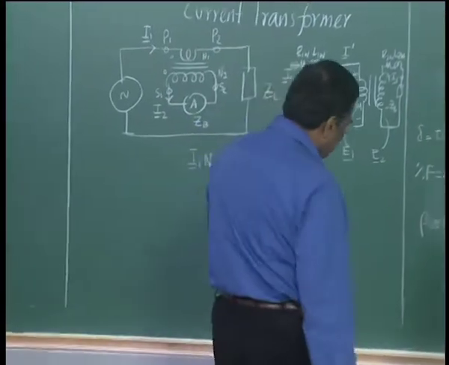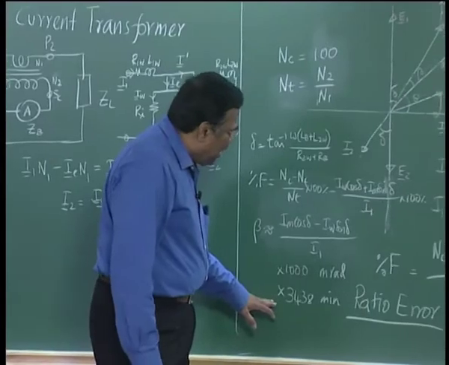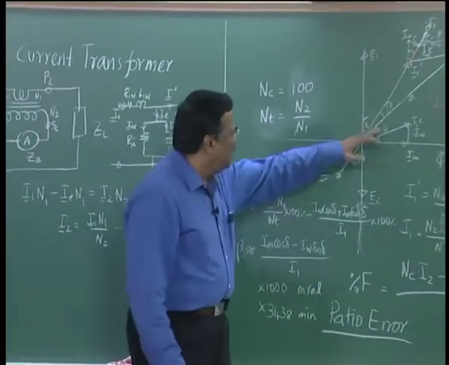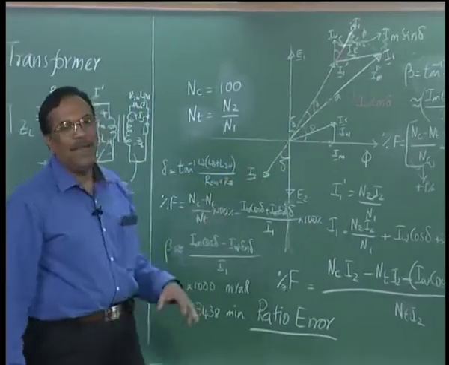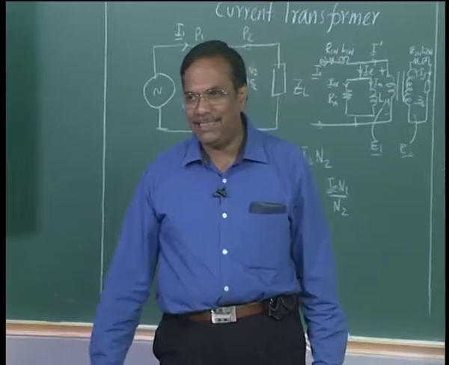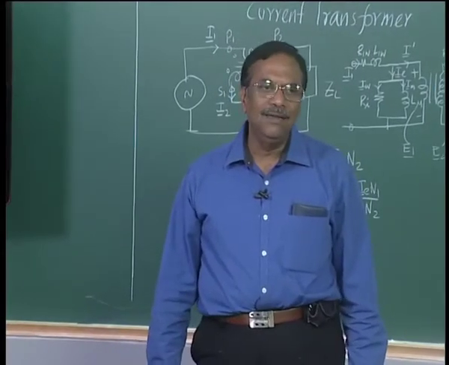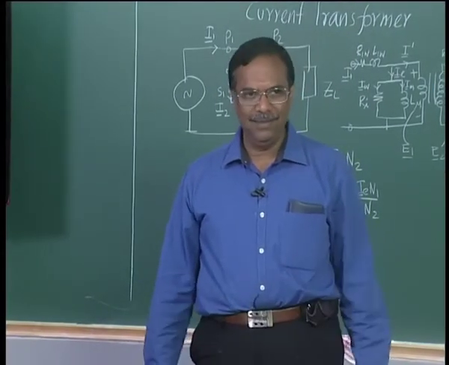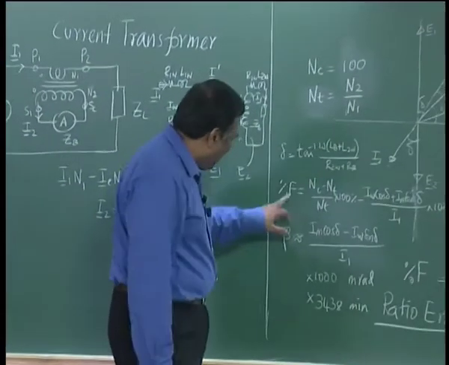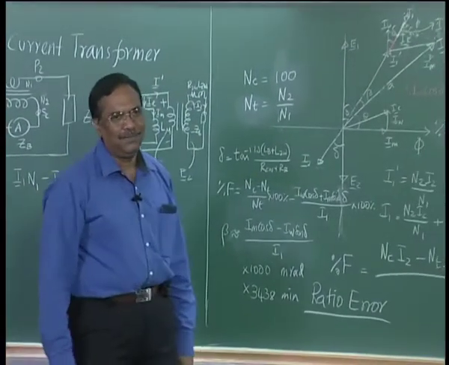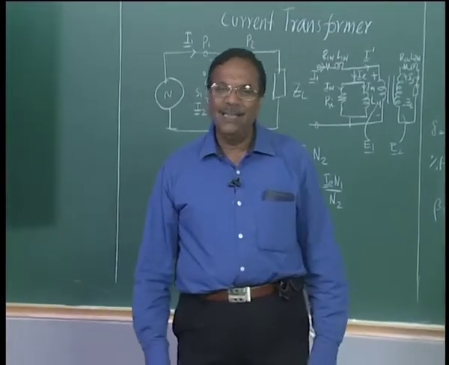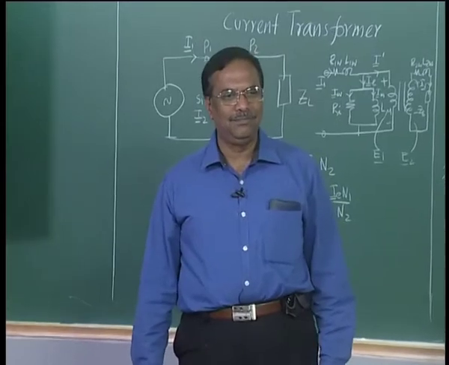The transformed secondary phasor will not be in line with the primary current phasor, right. The deviation would be the phase error, and the usual variables are f and beta, percentage f and percentage beta. There is one small problem, right.